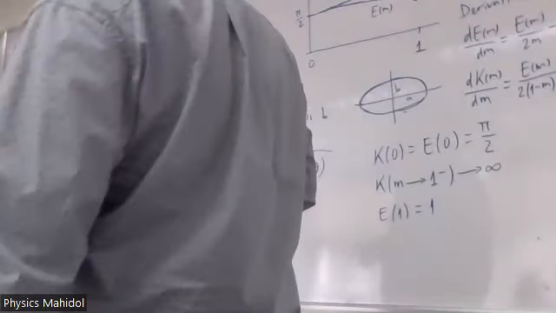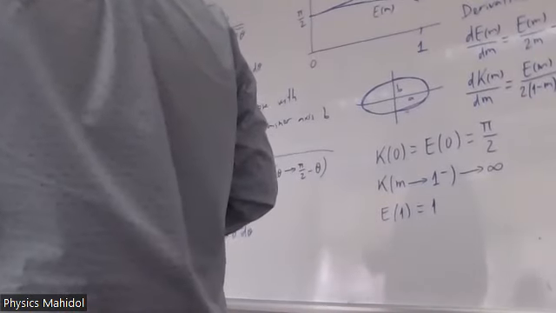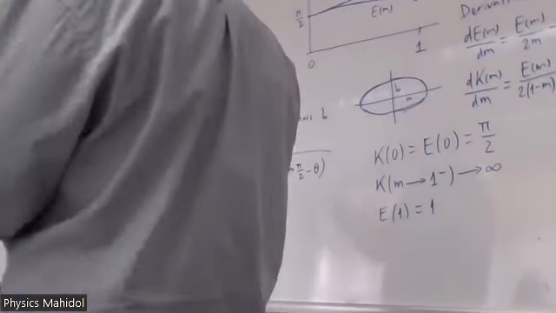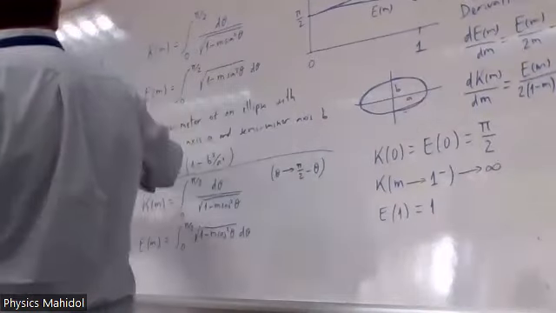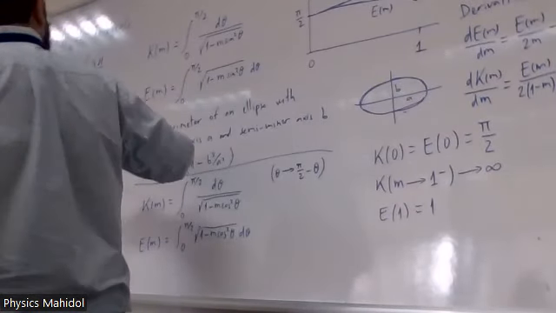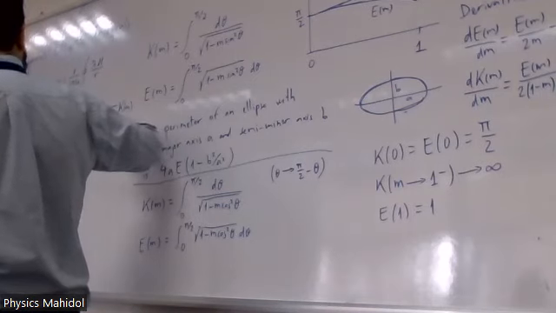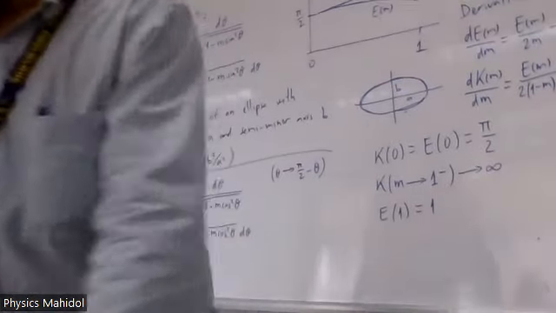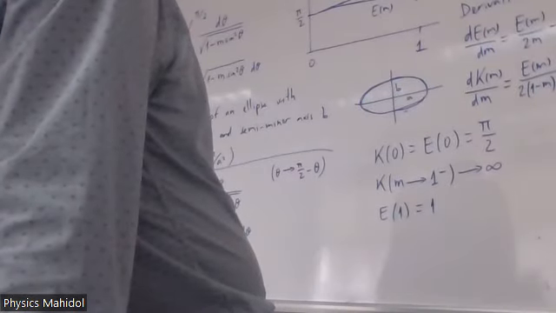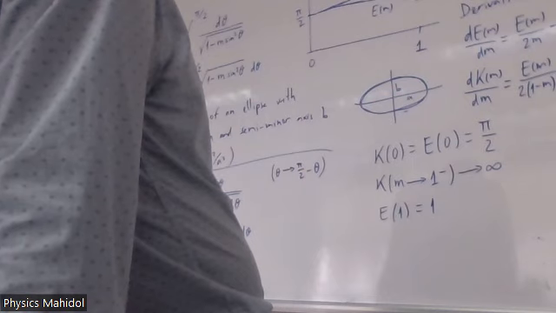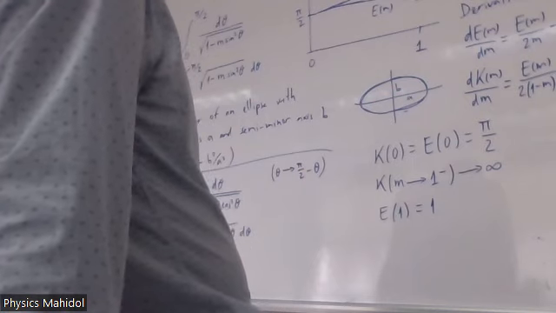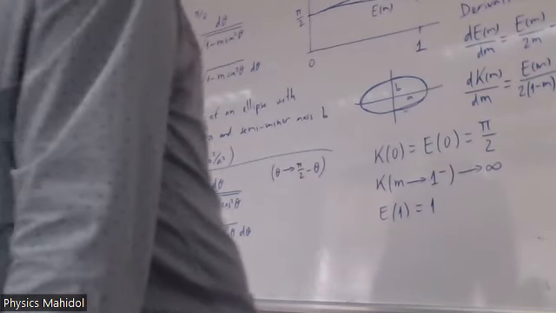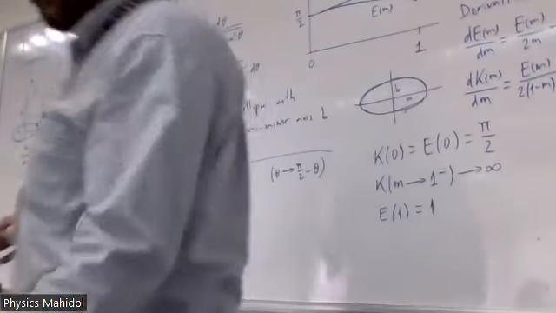To get the case rho equals 0, we just need to take a limit, because notice when rho is 0, we will have a zero here in the denominator. Okay. I think it's correct.